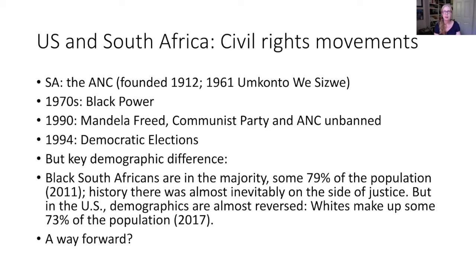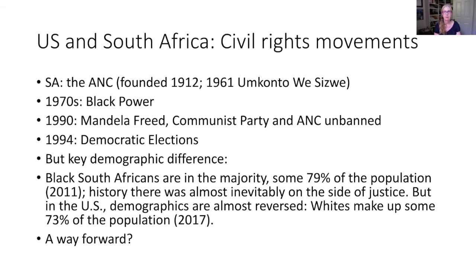It's not about the nature of the racism, because apartheid was a brutal state. It was brutal precisely because whites were in such a minority. So apartheid South Africa was a brutal, horrific, torturous state.